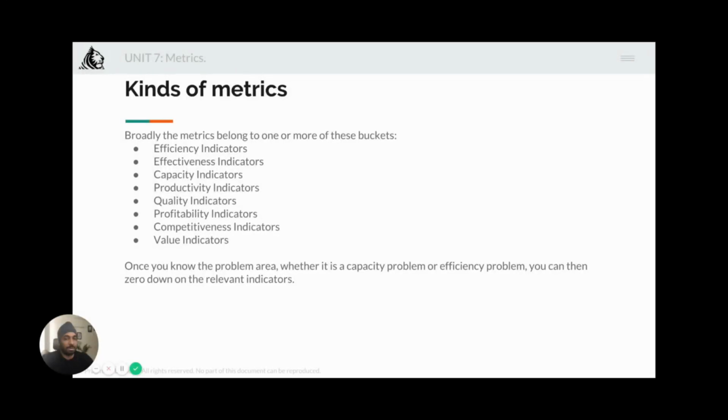All of these metrics are applicable across the board, across the entire life cycle, but some of them are way more useful in certain phases. For example, effectiveness indicators are great in the initial and growth days because you want to be hyper effective, right? You want to get the maximum out of the limited resources that you have. Capacity indicators, productivity indicators, quality indicators, and so on. So once you know the problem area, whether it is a capacity problem or an efficiency problem, you can then zero down on the relevant indicators.